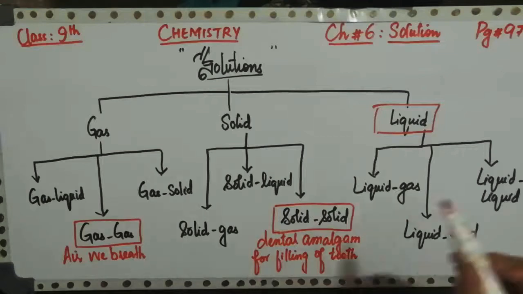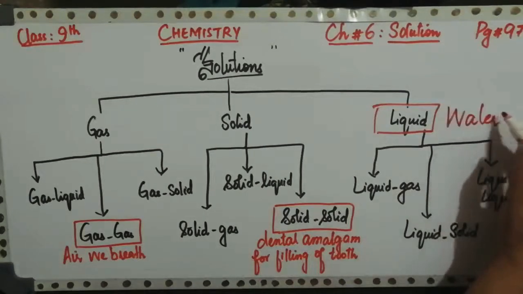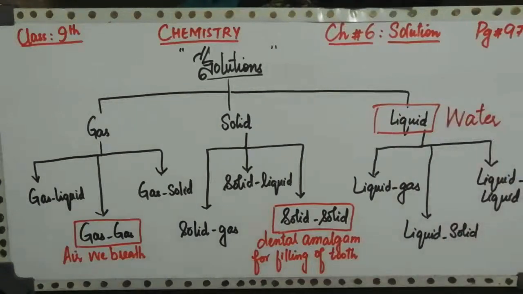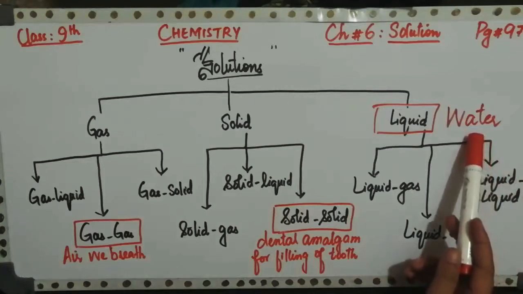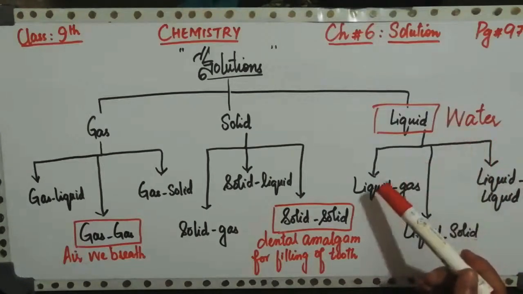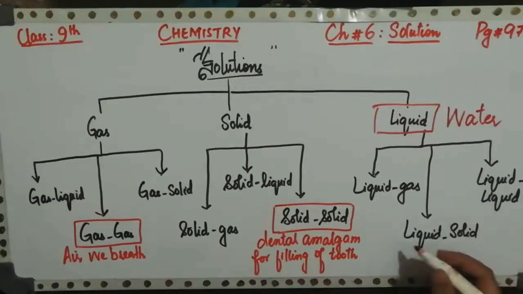And what is that most common solvent which is present in the form of liquid? It is called water. So due to the presence of water in this world, we can also say water is a universal solvent, therefore there is a wide variety of liquid solution ranging from a drop of rain to oceans. Drop of rain, I am talking here about the examples.